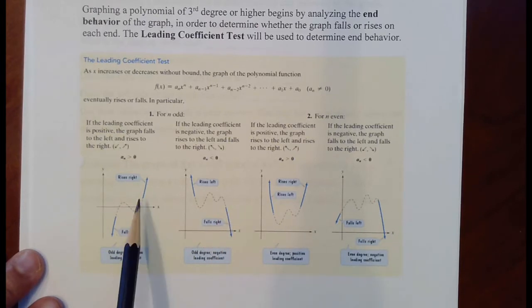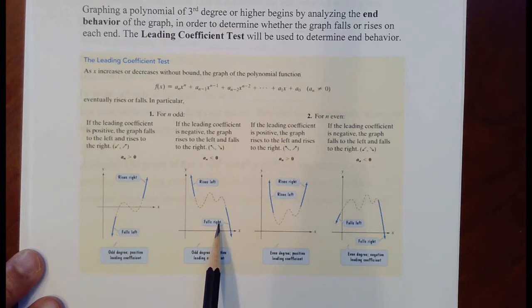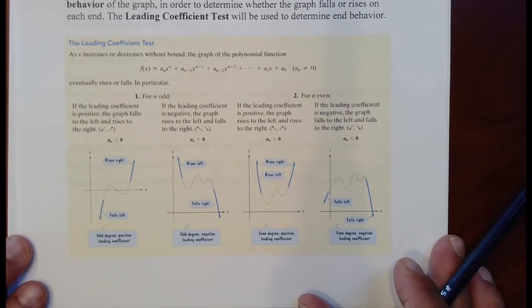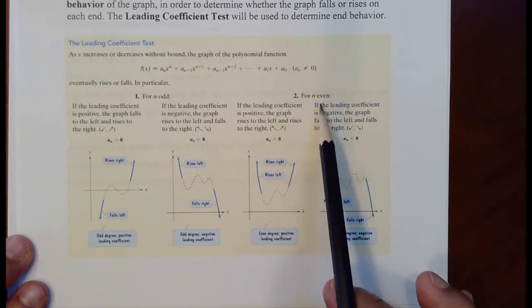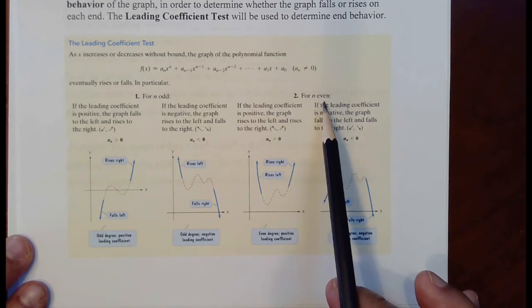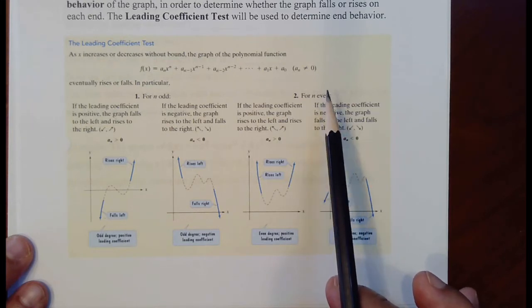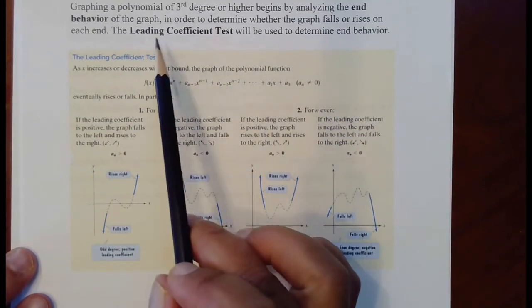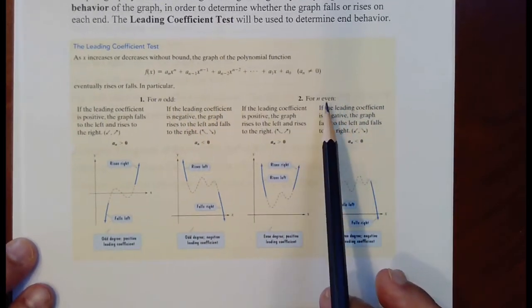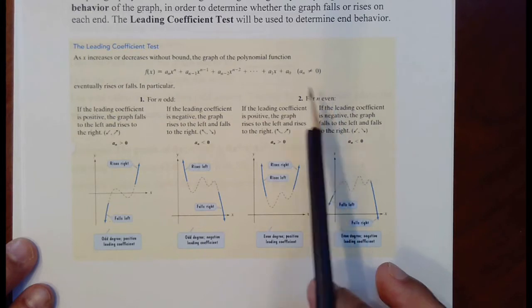In contrast to that, if the highest power in the problem is even, let's say the highest is 4th degree, again, you're going to have to look at the coefficient, which is why this is called the leading coefficient test. You're first going to look for the highest power, then you're going to look at the number out front of it to see if it's negative or positive. So if that highest degree is even and the number out front is positive, both ends will go up.